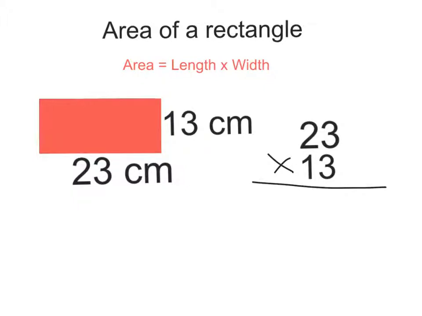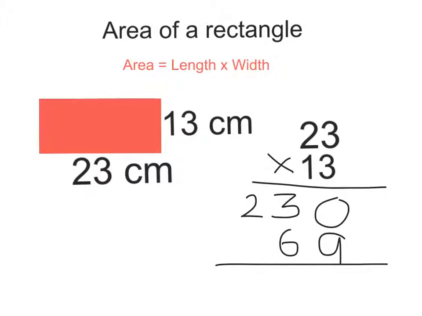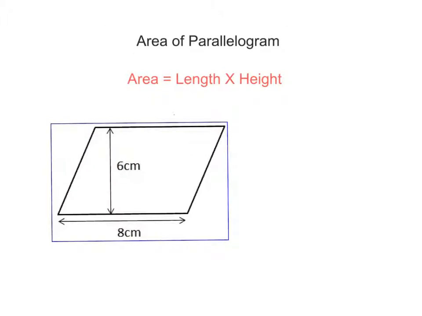The 13 itself is made up of a 10 and 3, so 23 multiplied by the 10 is going to be 230, and 23 multiplied by the 3 is going to be 69. If I add those two together, I know that the area of the rectangle would be 299 centimetres squared.